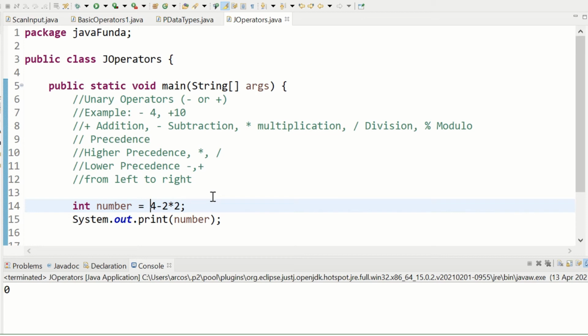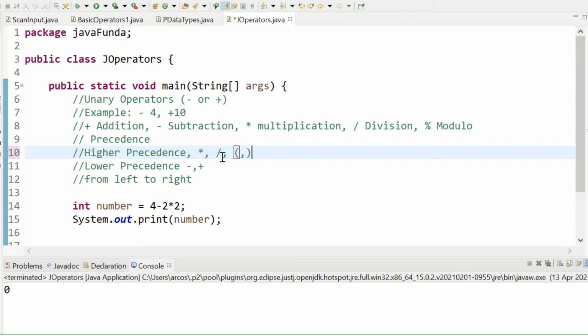But if you would like to express that you are going to do the 4 minus 2 first before you perform the multiplication, then that's the time you are going to use the open and close parentheses. Open and close parentheses are considered higher precedence.